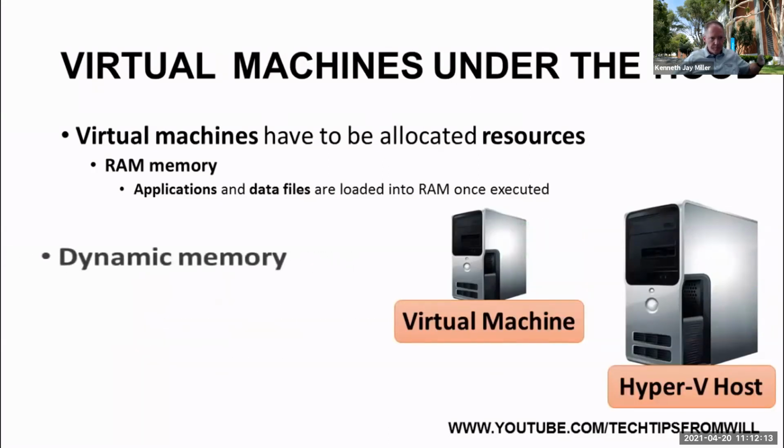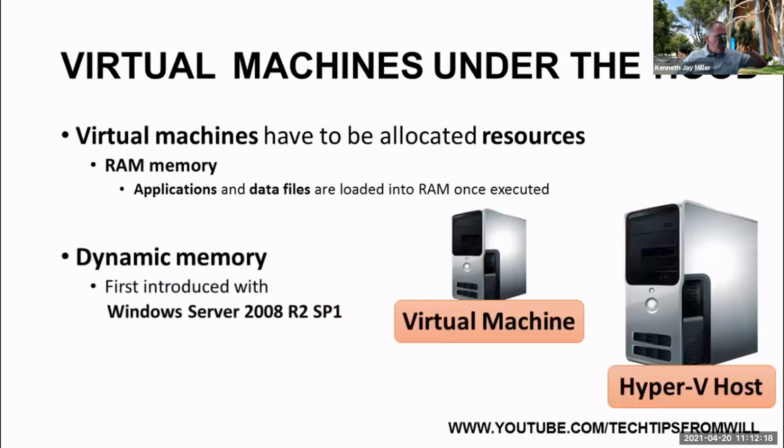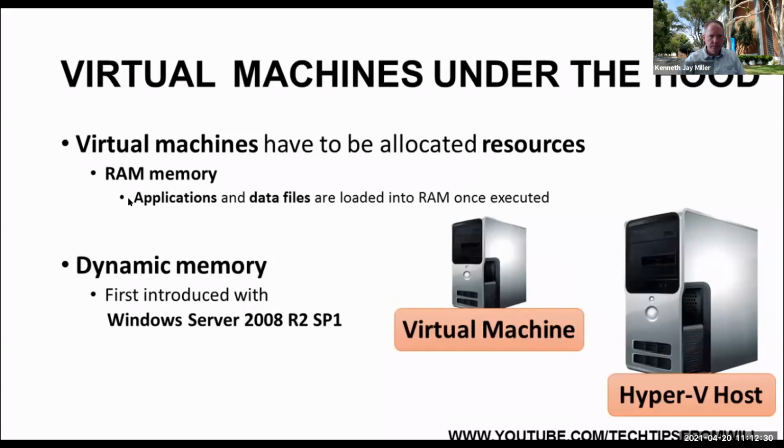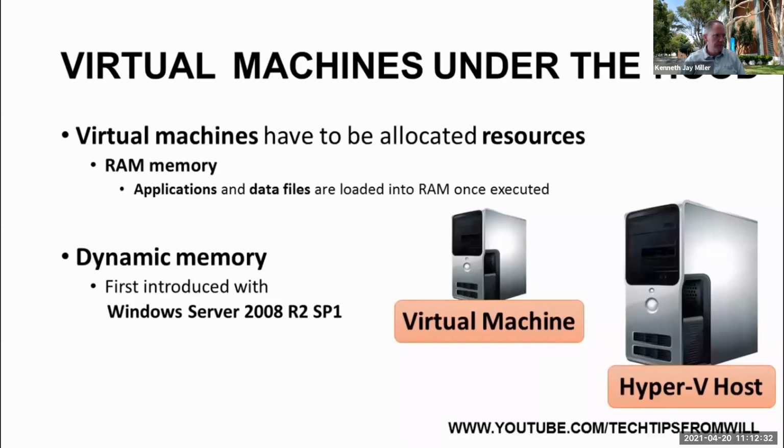called dynamic memory. Dynamic memory was first introduced in Windows Server 2008 R2 with the release of Service Pack 1 and was improved further in Windows Server 2012. Dynamic memory is designed to allocate RAM amongst virtual machines more effectively. Dynamic memory does this by treating RAM as a shared resource.